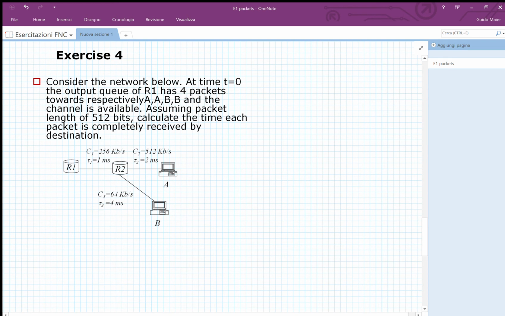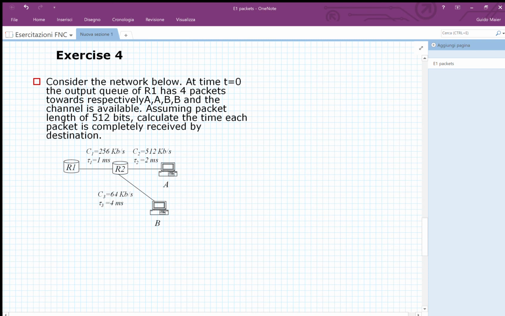So in this case we have a different topology. In particular, R1 is connected to R2, and R2 is connected to two different destinations. And the two destinations means that they are connected by two different physical links, so by two different interfaces in R2.